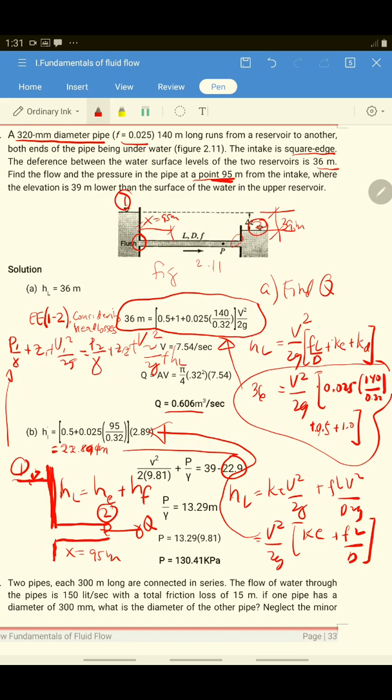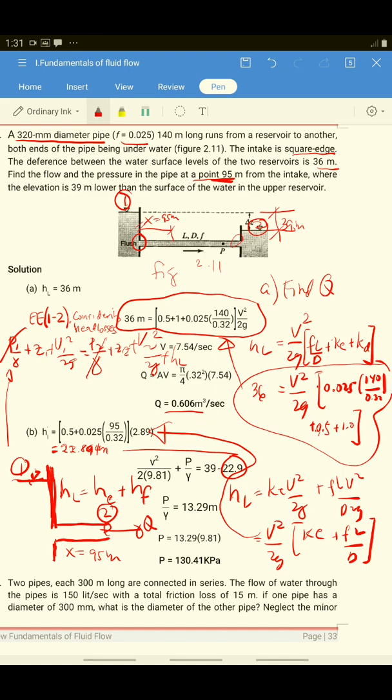You have P1 equal to 0 since it is exposed to atmospheric pressure. P2 is also 0 because it is also exposed to atmospheric pressure.